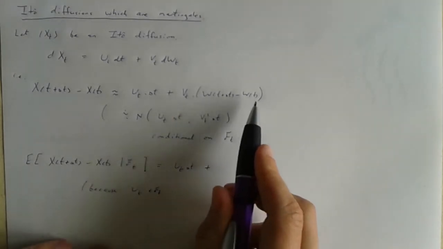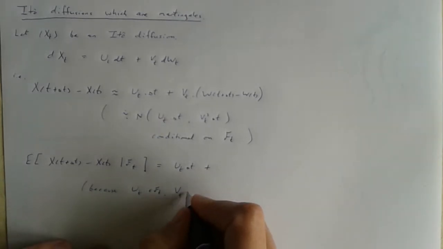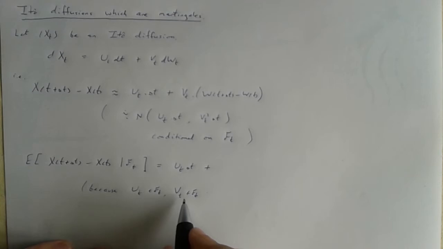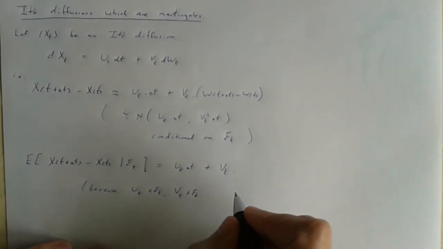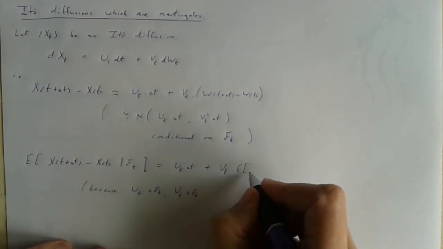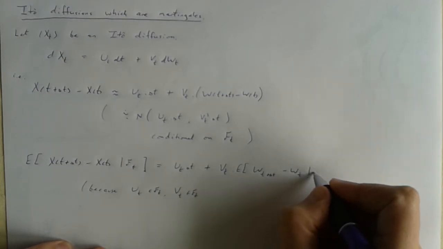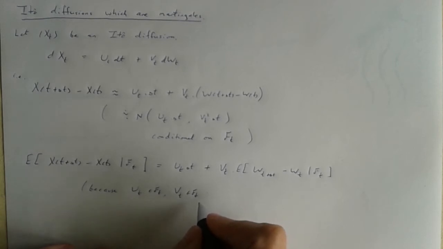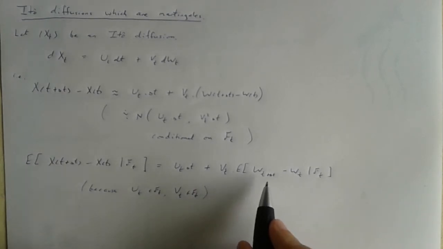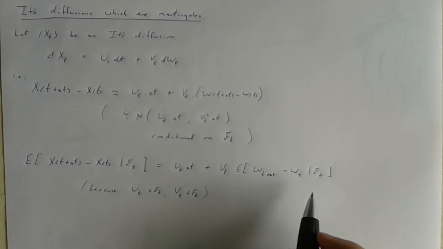Plus, and here we've got this thing, the vt is also measurable with respect to ft. So it should also be known at time t, which means in terms of the conditional expectation we can treat it as a constant. So we're just left with this. And now the increment of the Brownian motion from t to t plus delta t, that's independent of ft, it's independent of all previous time intervals.